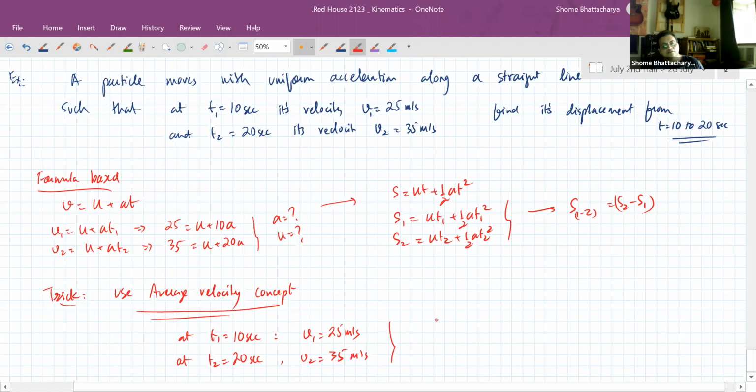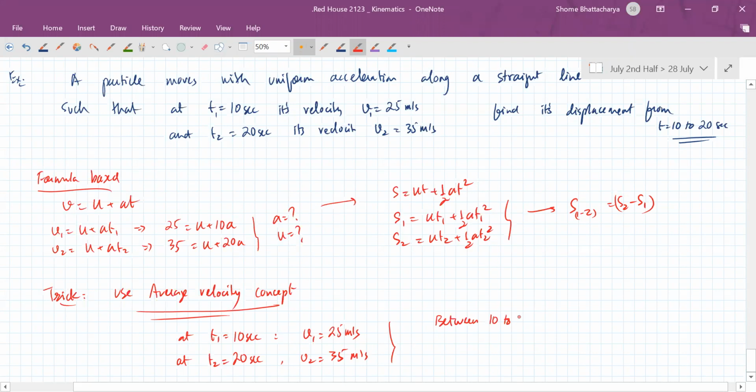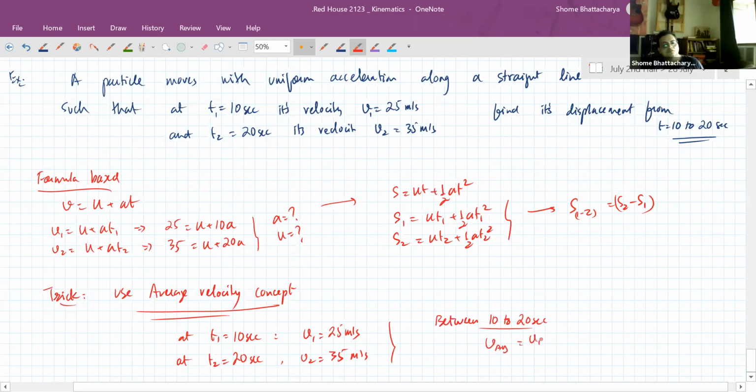So what I can now say is that between 10 to 20 seconds, the average velocity is (v1 plus v2) by 2. So how much is that? That is 30 meters per second, correct? Okay.